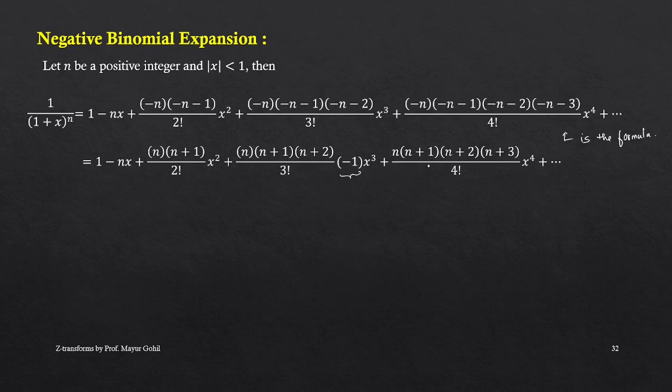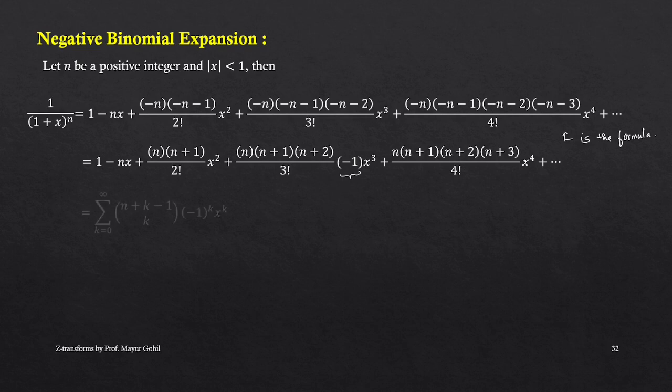So what do I observe? Each time when there is an even power, I will have the coefficient to be positive, and when there is an odd power, x raised to 3, x raised to 5, I will have a negative coefficient. Powers of x will have negative coefficient when the power is odd, and a positive coefficient when the power is even.